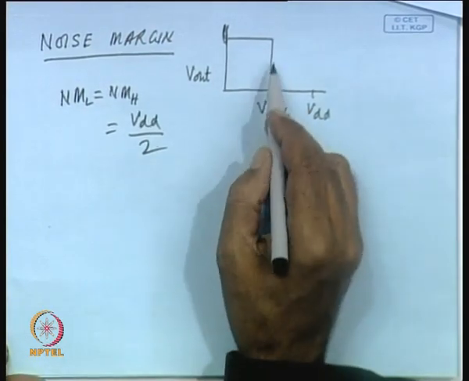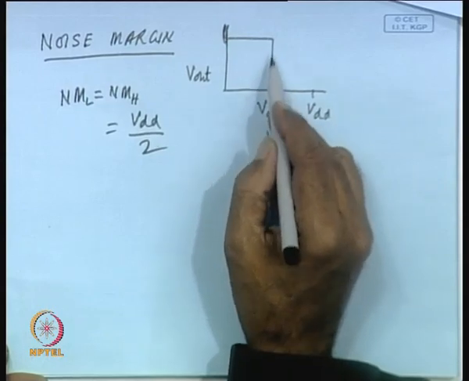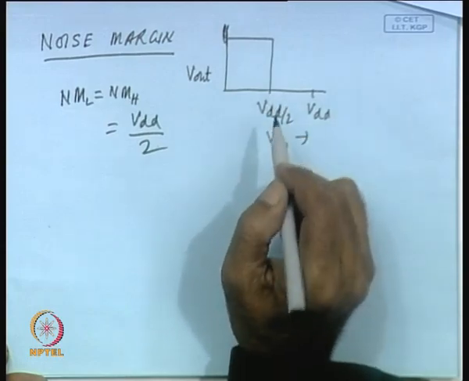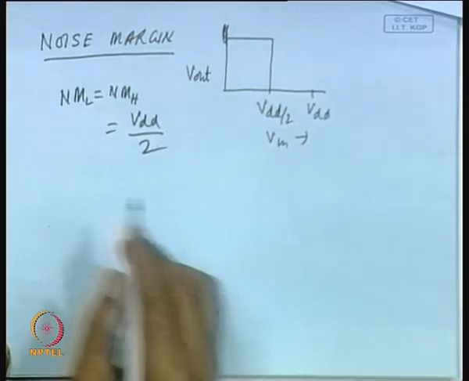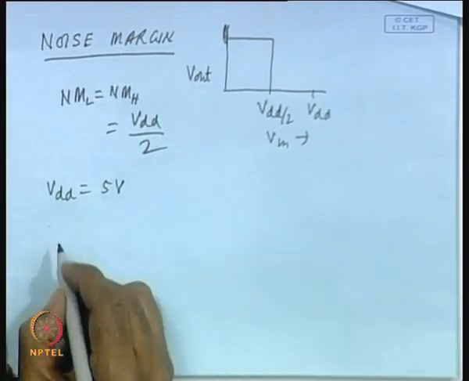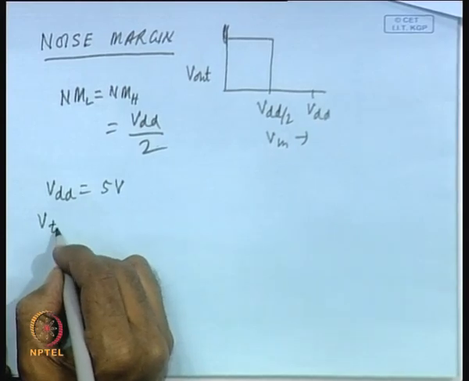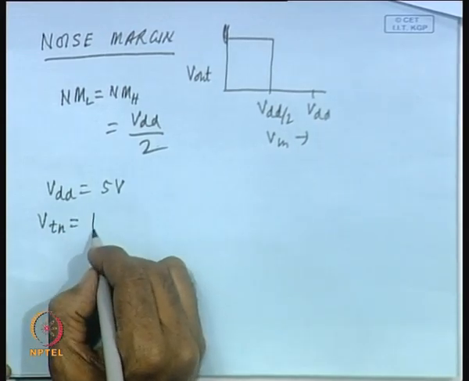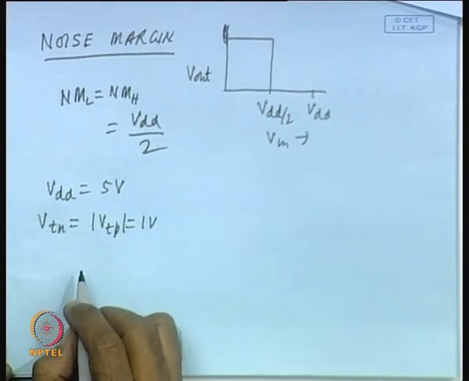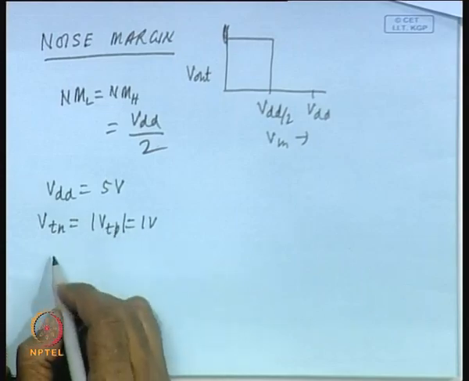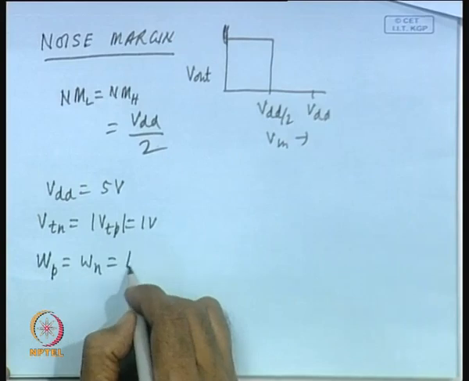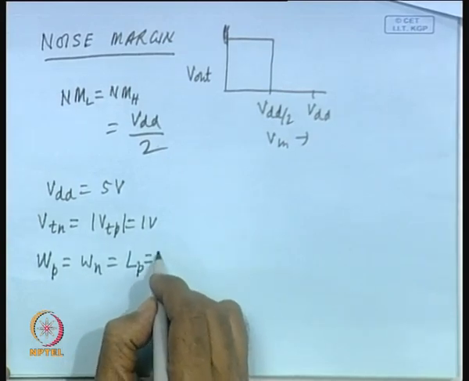Now, let us find out the value of the switching point for different values of n and other parameters. Let us assume VDD is equal to 5 volt, VTN is equal to the absolute value of VTP, which is 1 volt, because VTP will be equal to -1. So, we have taken the absolute value, and also let us assume WP is equal to WN and LP is equal to LN.